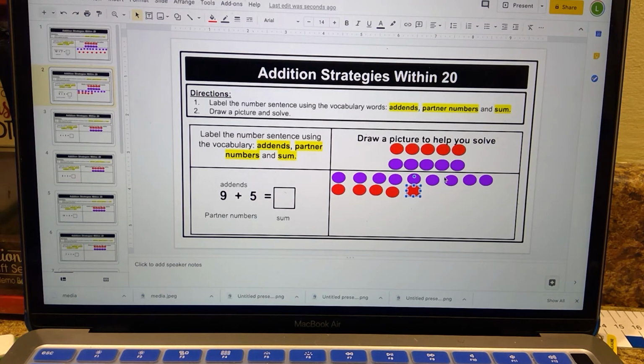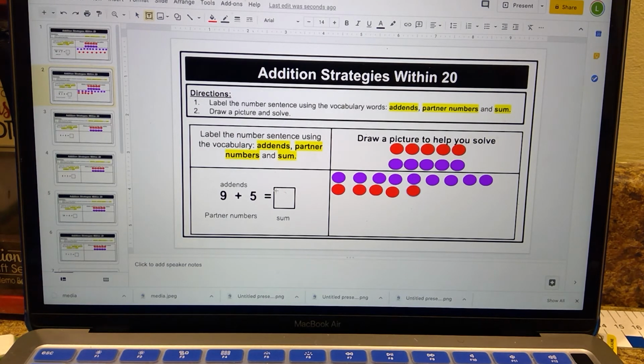And I know I already have 9 counters up here, so I'm going to finish counting out, starting from 5: 6, 7, 8, 9, 10, 11, 12, 13, 14. So 9 plus 5 equals 14.